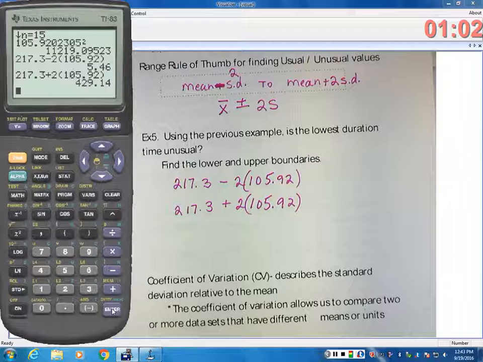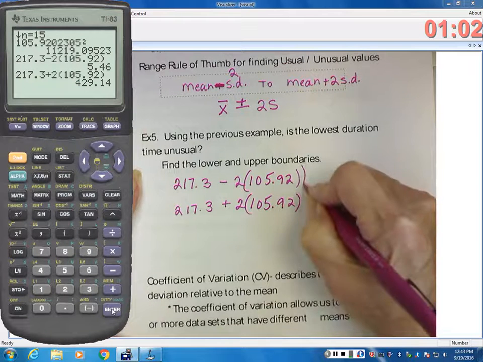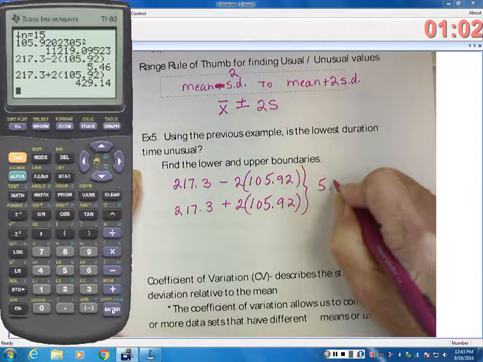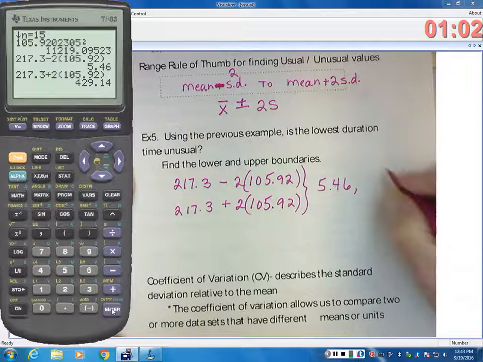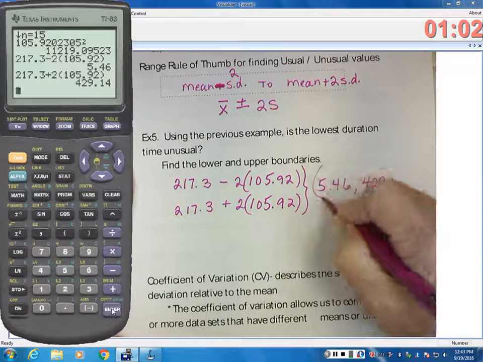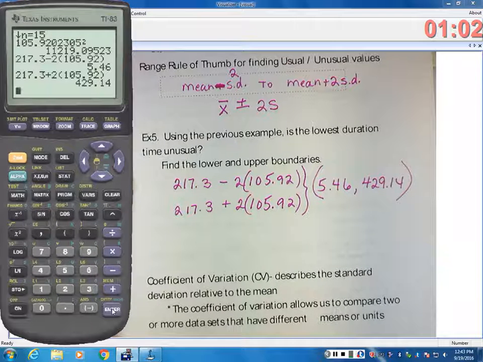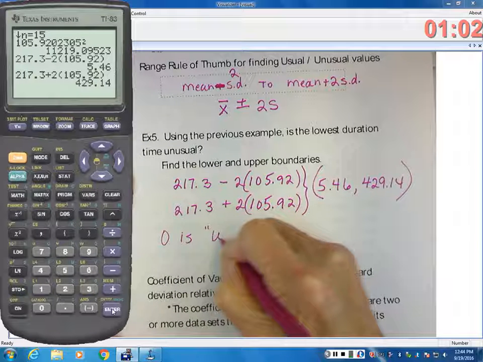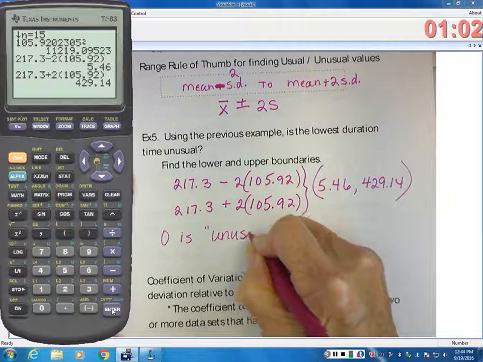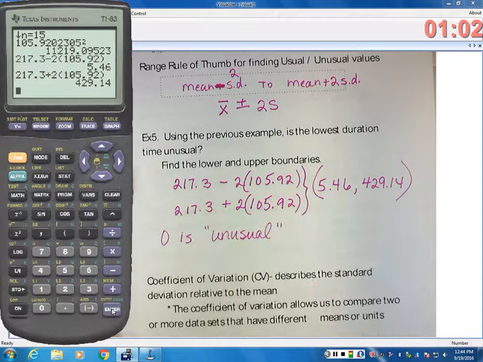So from 5.46 to 429.14. So 0 would be unusual.